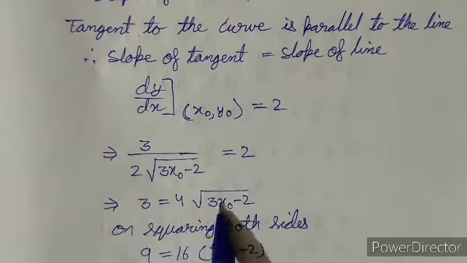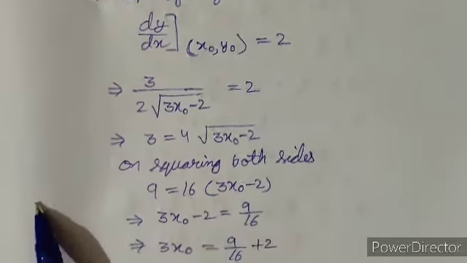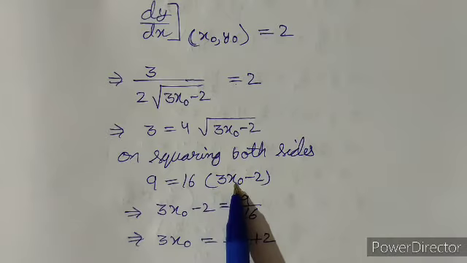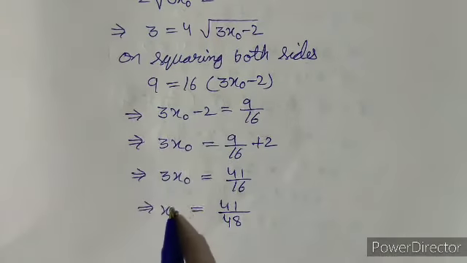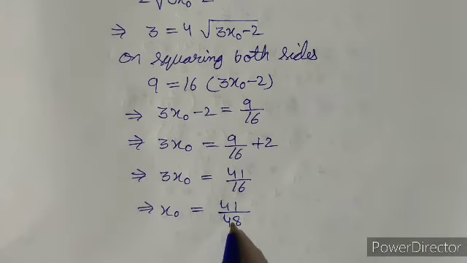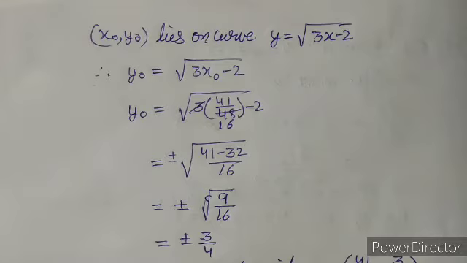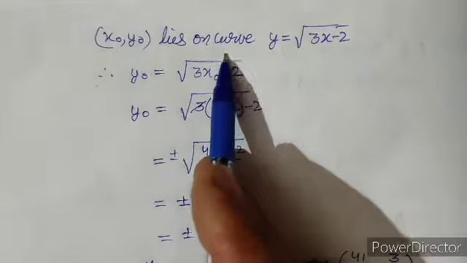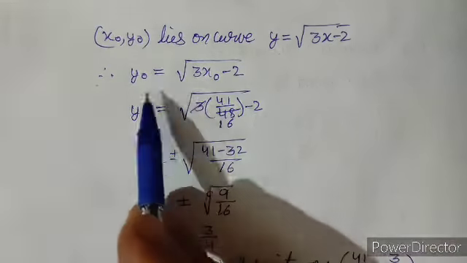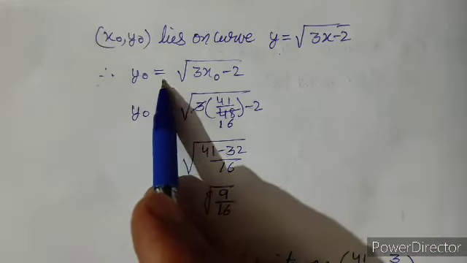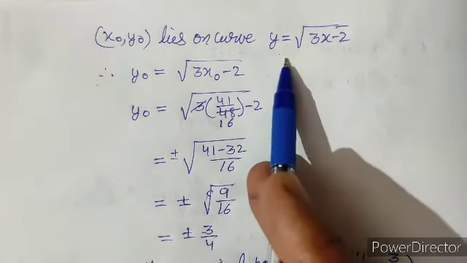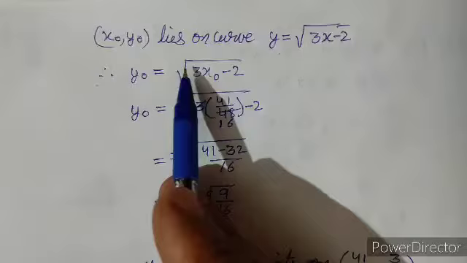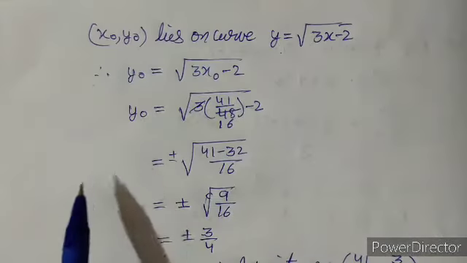On squaring both sides, this will give us 9 equal to 16 times 3x0 minus 2, which on solving will give us the value of x0 as 41 by 48. Now x0, y0 lies on the curve, so we can say that y0 will be equal to under root 3x0 minus 2, as x0, y0 will satisfy the equation of the curve.